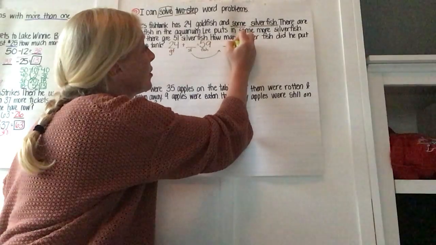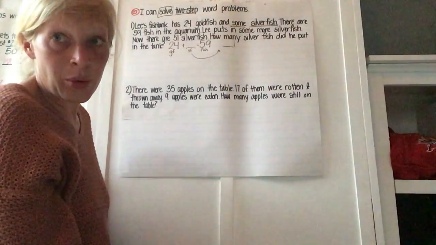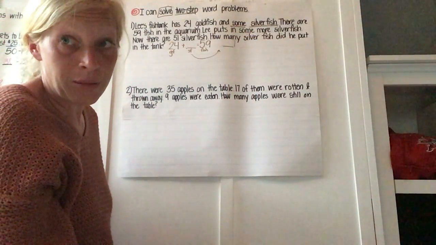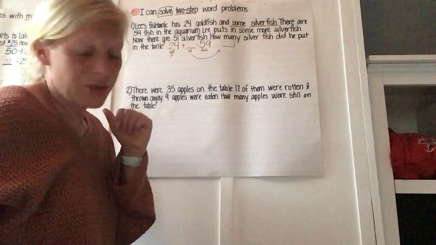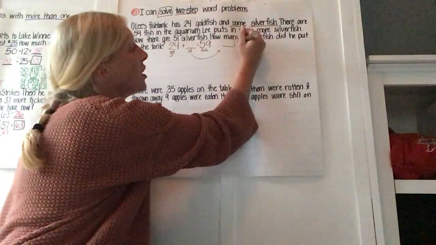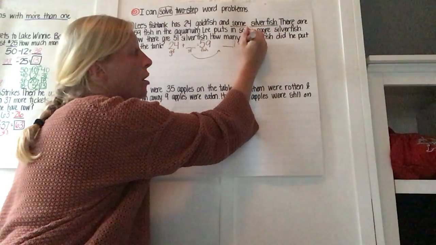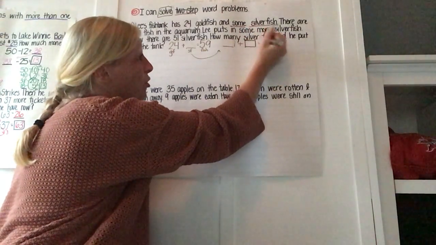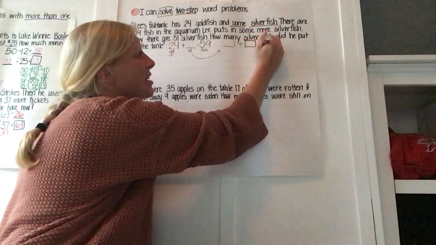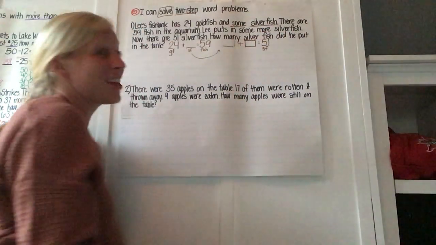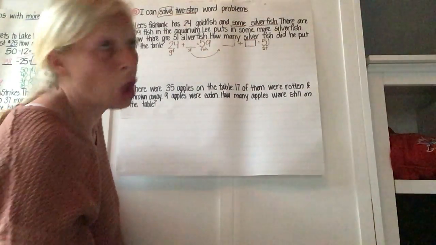Now, guys, we already know how to do that, don't we? Because we've done it before. We did it yesterday. So let's go ahead. We know that he added some more, and we don't know that. That truly is our unknown. And that's how many silverfish he has total.